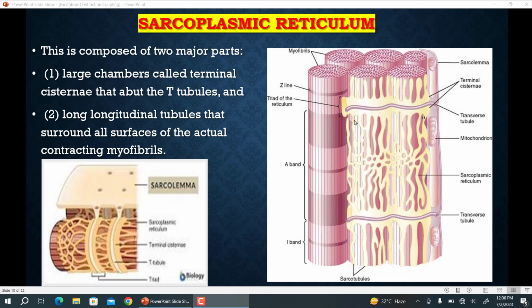Here you can see the sarcoplasmic reticulum tubule terminating near the transverse tubules. It makes a cisterna, or chamber, filled with fluid, and it has longitudinal tubules, and these tubules hold these myofibrils.